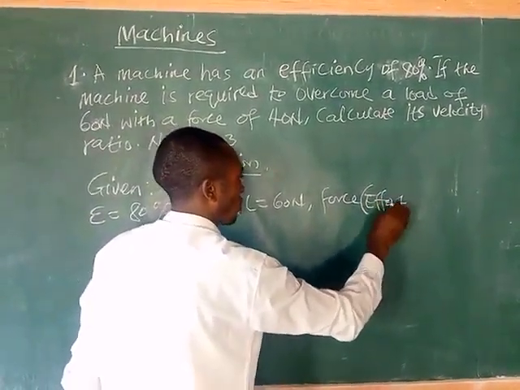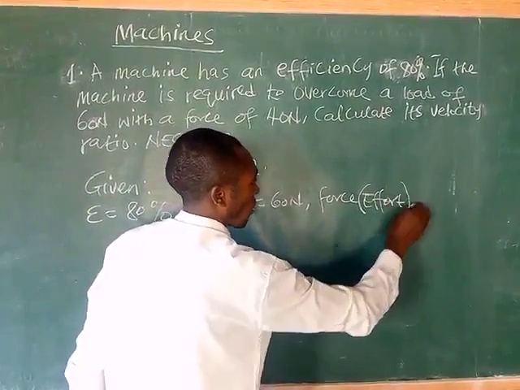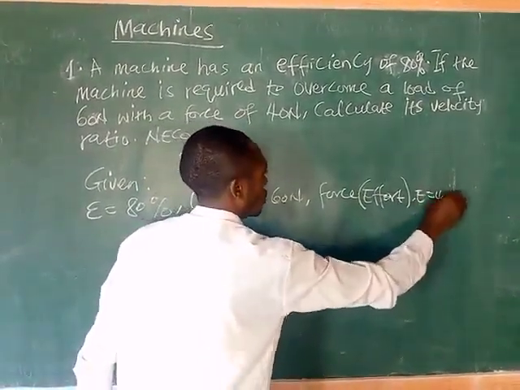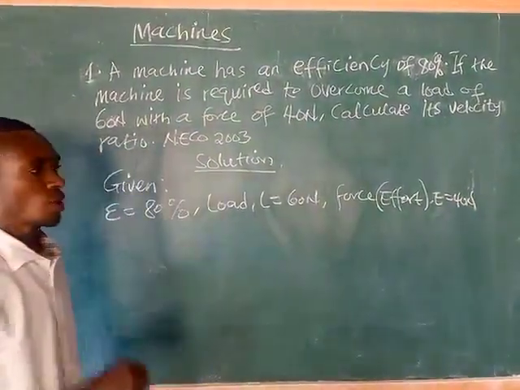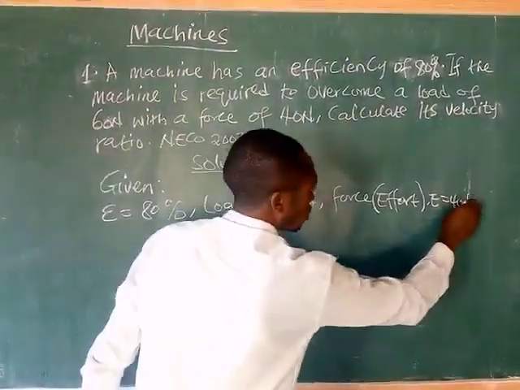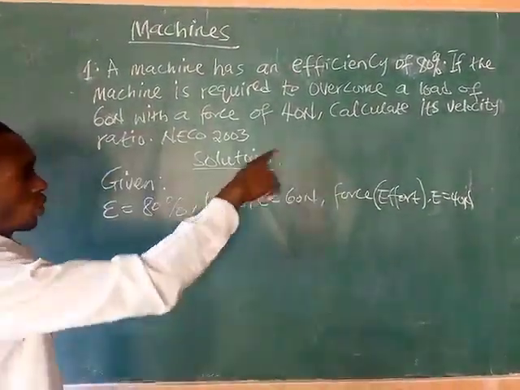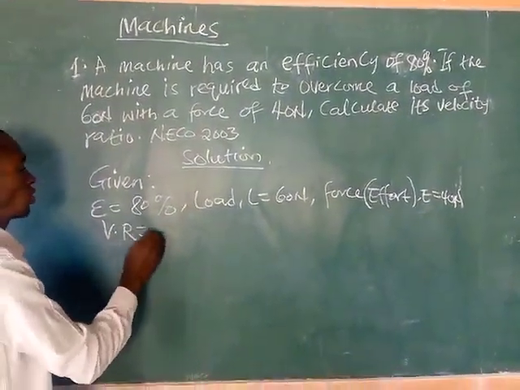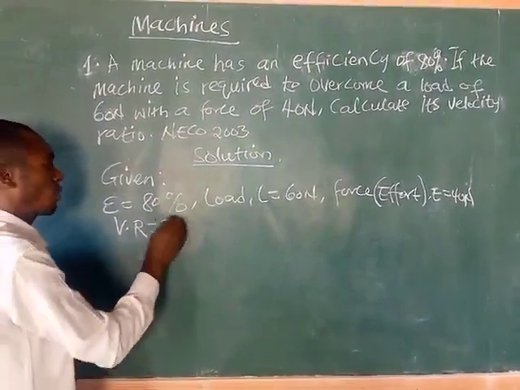So our effort, which is E, is equal to 40 Newton. It now asks you to calculate its velocity ratio. So VR, short for velocity ratio.